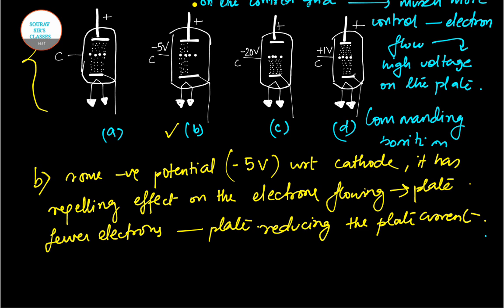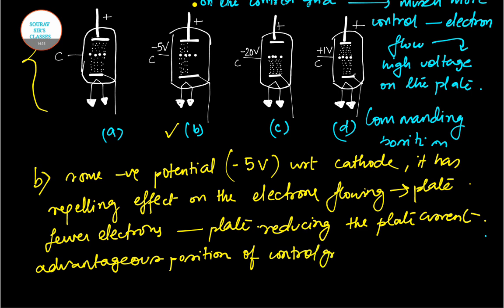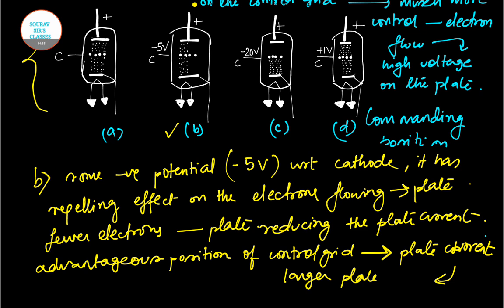So it may be added that due to the advantageous position of the control grid, the reduction in plate current is much more than could be achieved by some larger plate potential.